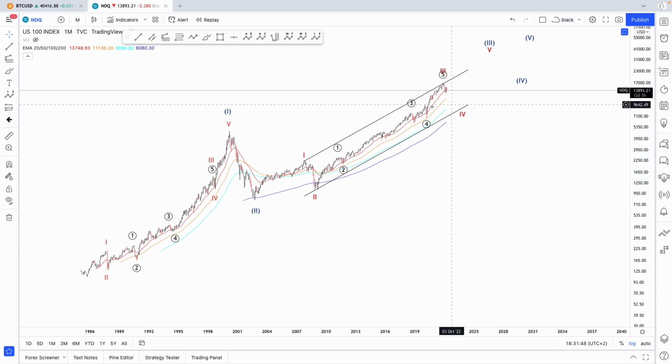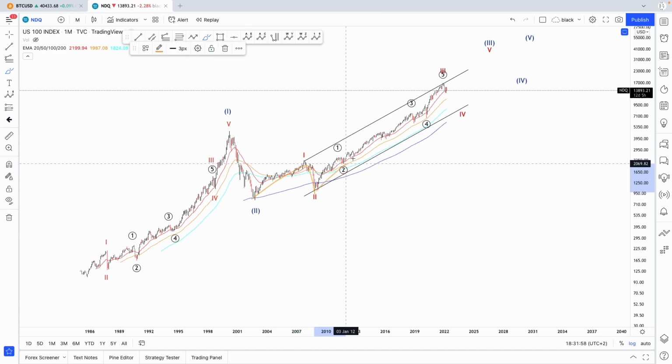With that being said, as we know Elliott is fractal, the same applies to all different degrees. So 1 and 2, wave 3, and if, let's assume this count is correct, I would wait for a wave 4 to be nearly as large as wave 2.